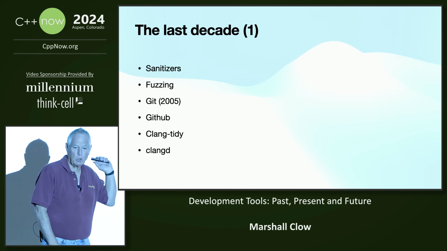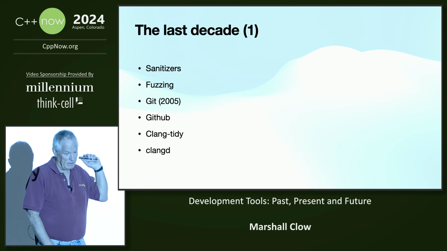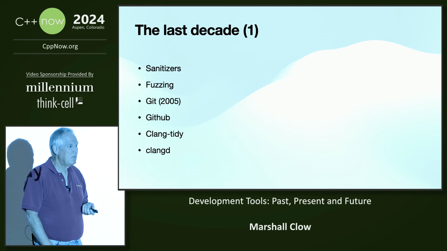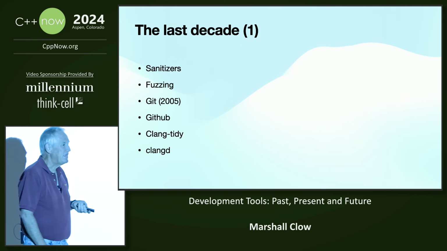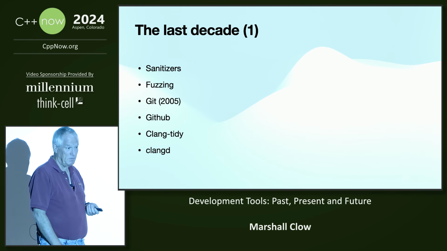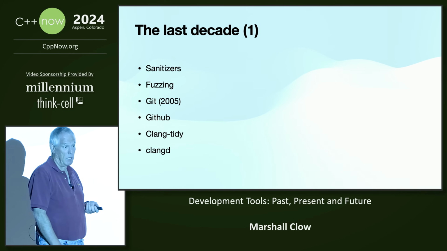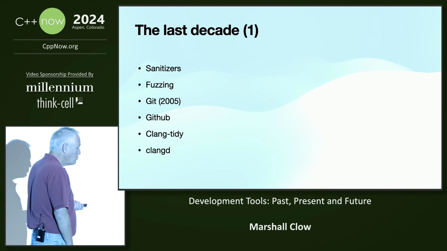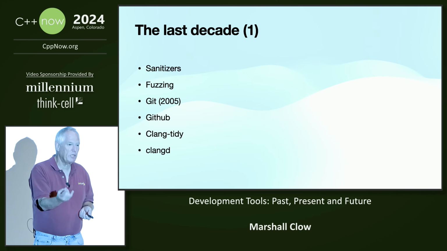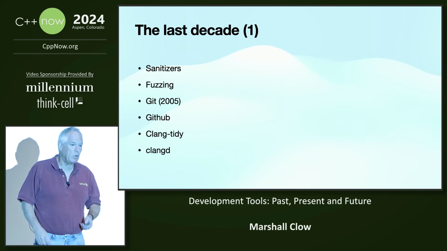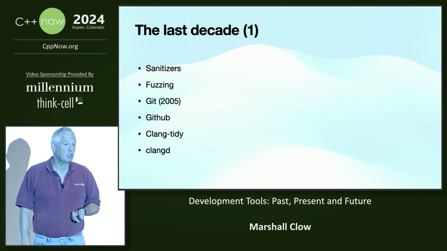My favorite Clang Tidy tool is a dumb Clang Tidy tool. It catches one very specific error that no compiler will ever warn about. Imagine you have a function that takes an int and a float, or an int and a double, and you call it with a double and an int. You write 3.0, 1. That's not illegal. That's not ill-formed. The compiler will take that 3.0 and convert it to an int, 3, and it'll take that 1 and turn it into a float, or double, 1.0, and it'll call the function. But it's almost certainly not what you want.